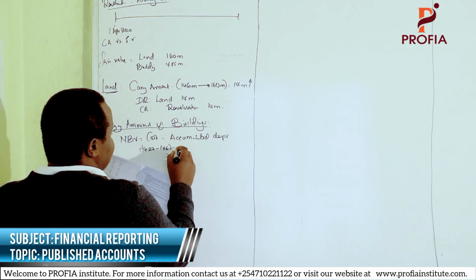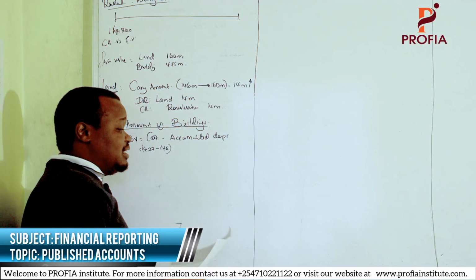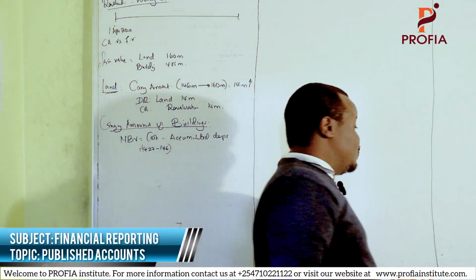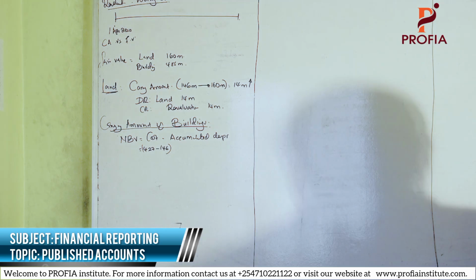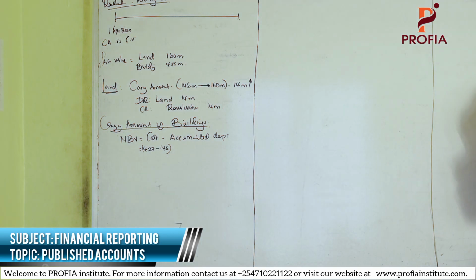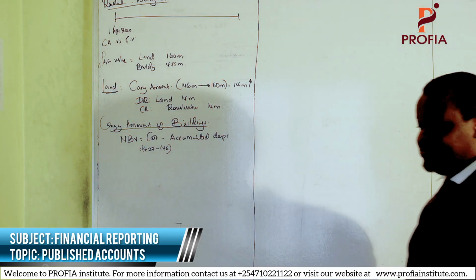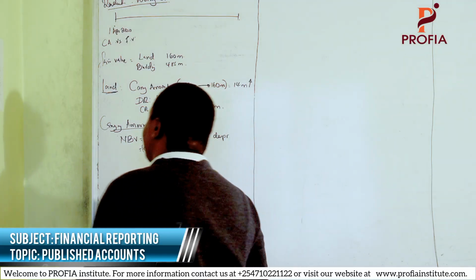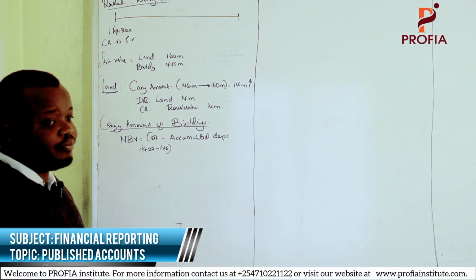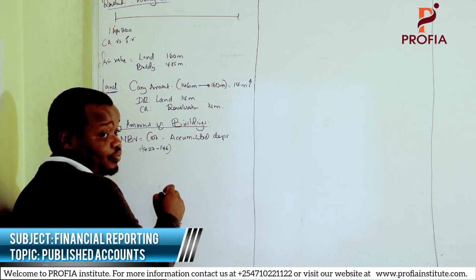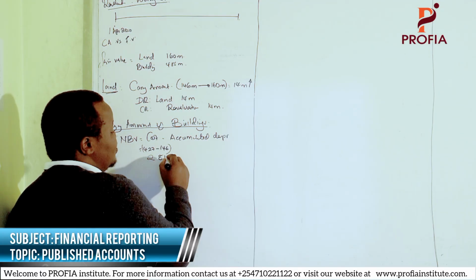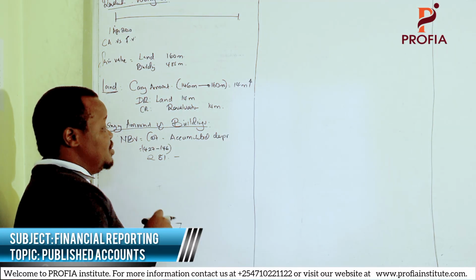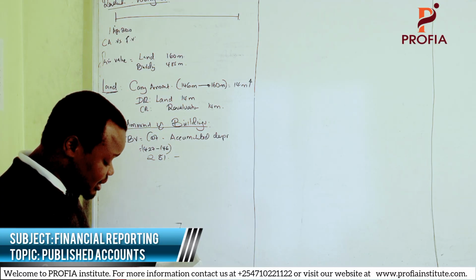How much is that? The property is 427 minus 146, which is 281. Then minus accumulated depreciation. What is our accumulated depreciation as of that date?